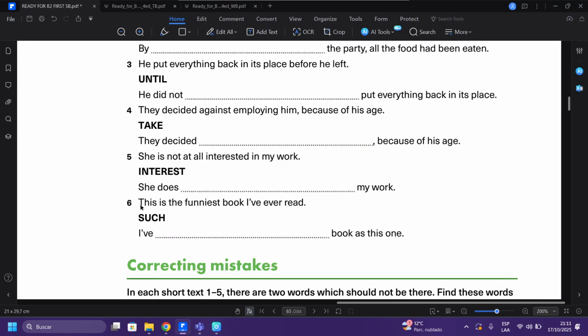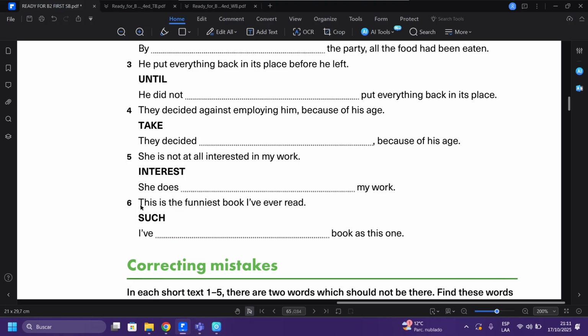In the last lesson, I forgot to tell you one detail. This phrasal verb is a transitive one. It means that we have take and then the person and then on. So they take him on. But it says that they decided against employing him because of his age, so it is a negative one.